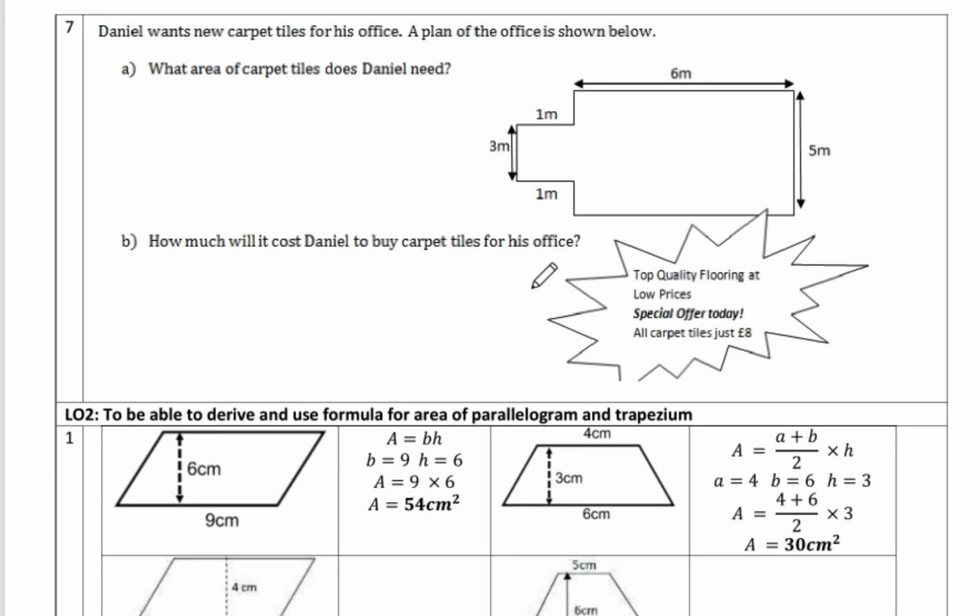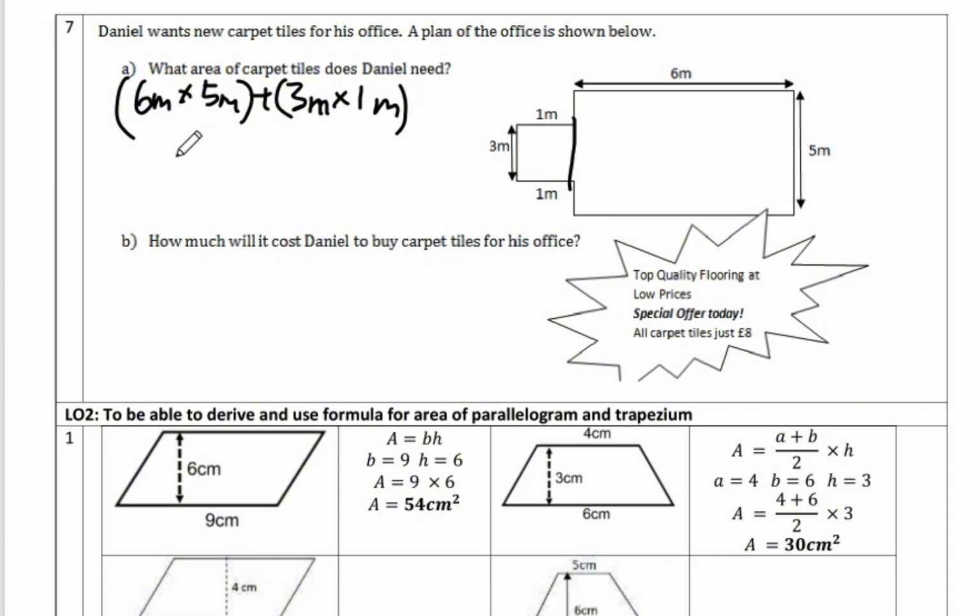Question 7. Daniel wants a new carpet tiles for his office. A plan of the office is shown below. What area of carpet tiles does Daniel need? So first we will split this into 2 different shapes. So we can find this first. So 6m times 5m plus 3m multiply 1m.